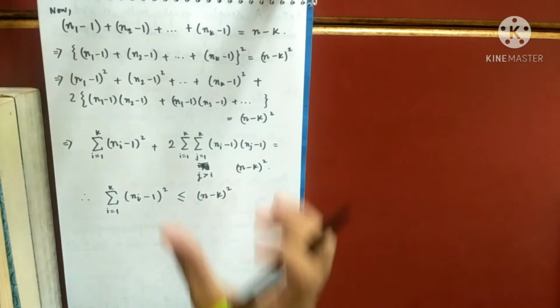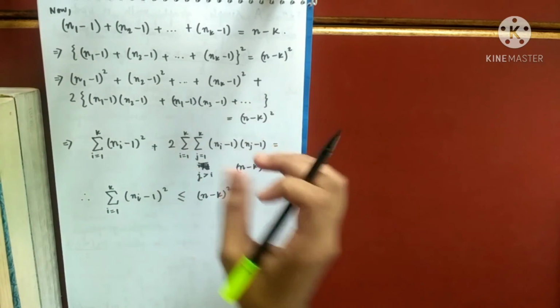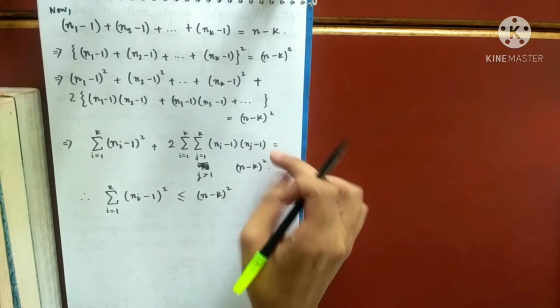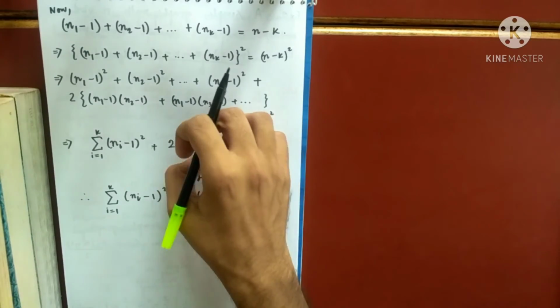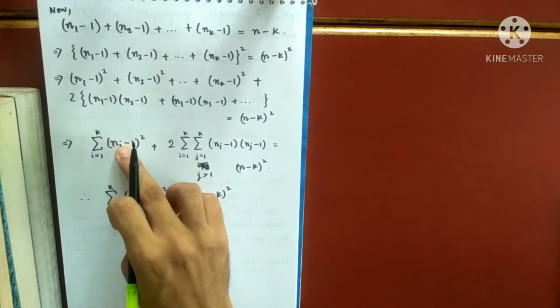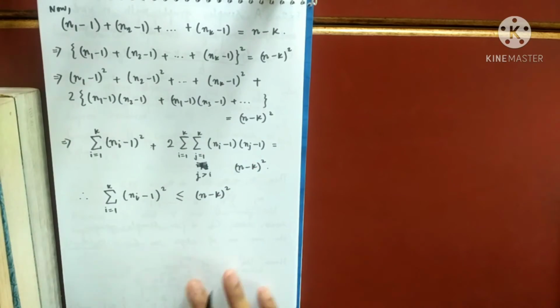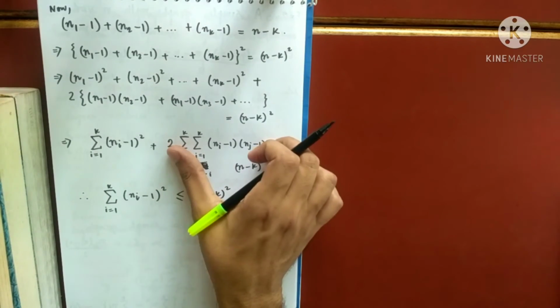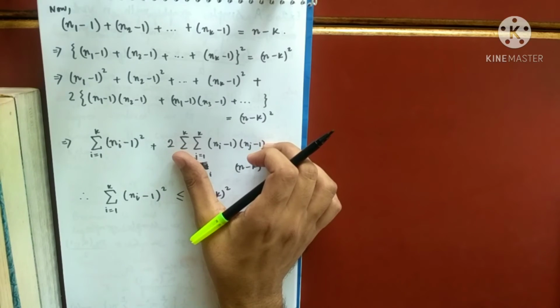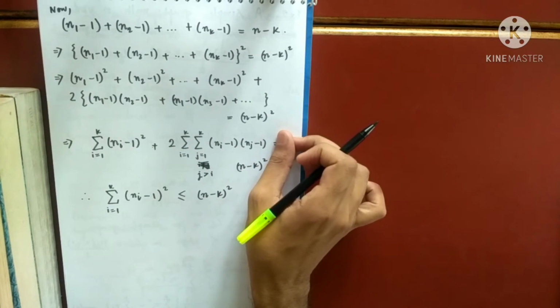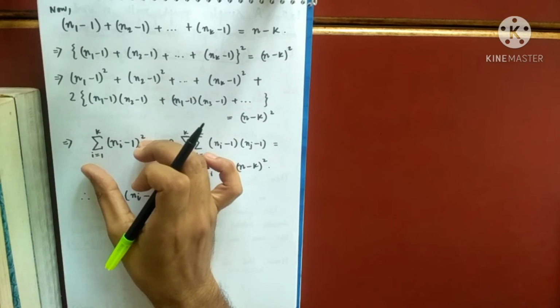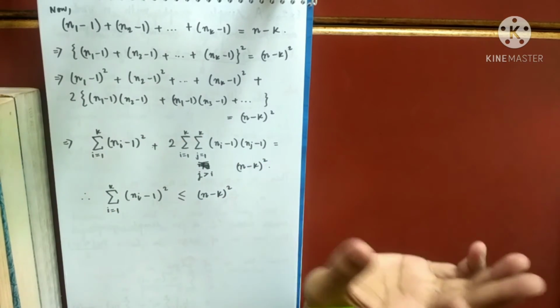As simple as that, because this is a positive quantity. So this plus this was equal to this, but I am removing this quantity, then this will become less or equal to this. This is a non-negative quantity that I know. So if I am removing this, then this will be less or equal to this.